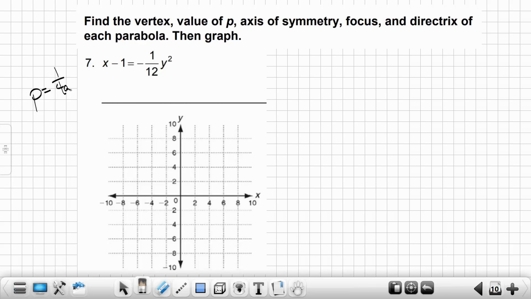Okay. So let's get this looking like my version of the standard equation. What am I going to do, Kaylee? Say it.